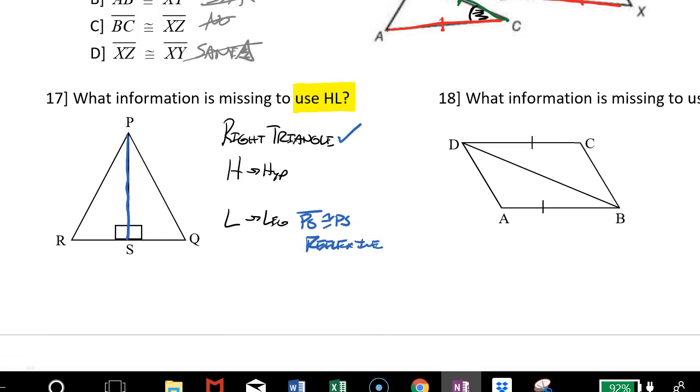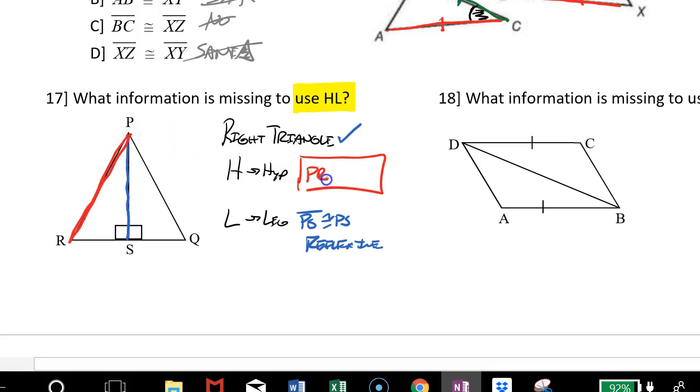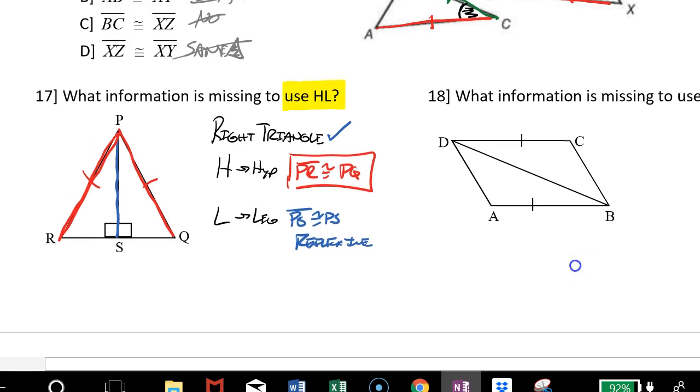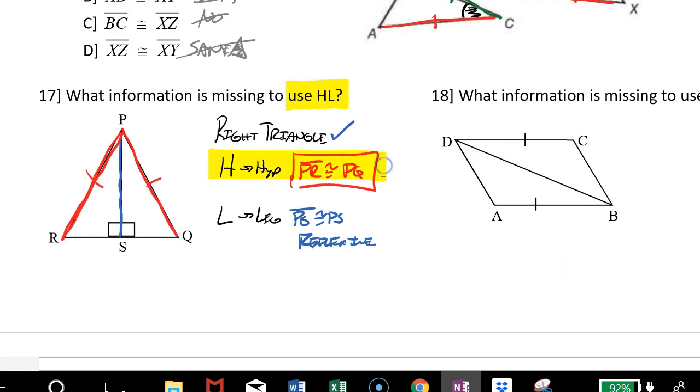So really, the other piece of information that I need to add into the triangle is a hypotenuse congruent to hypotenuse. So here I'm looking for PR congruent to PQ in order to get the full right triangle and hypotenuse leg triangle congruency theorem. That'll be my answer there.